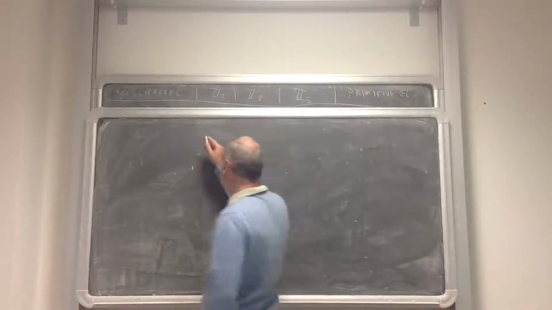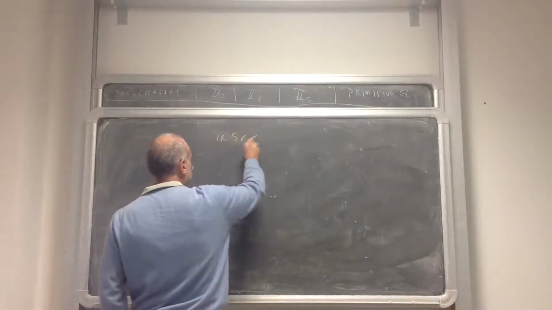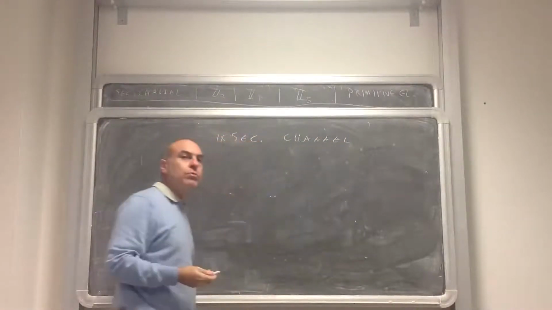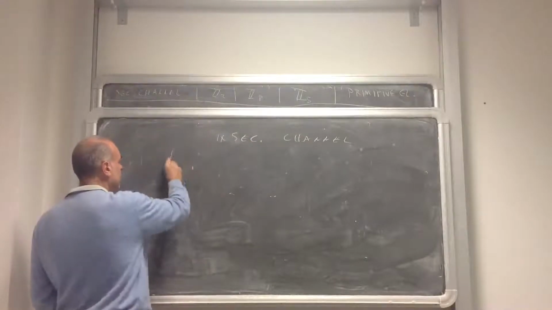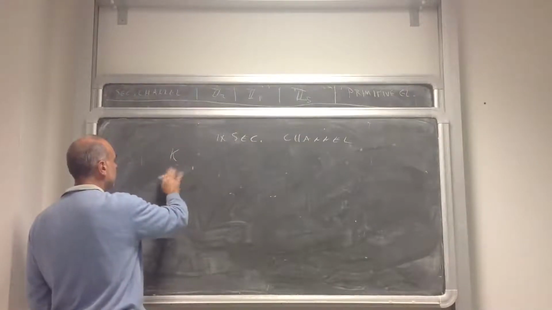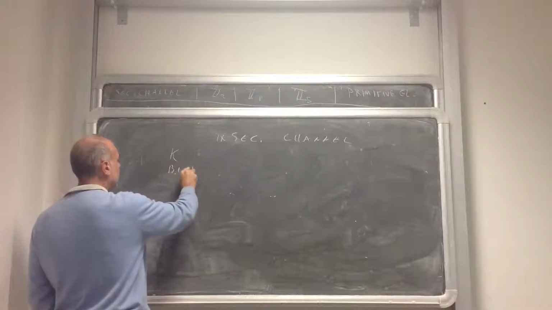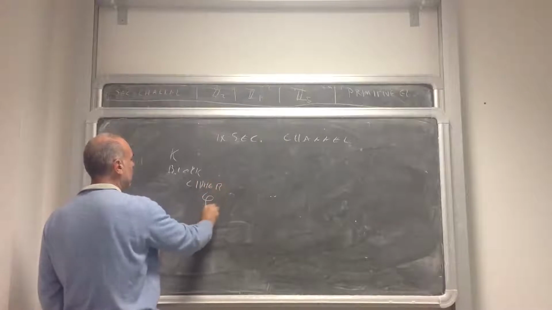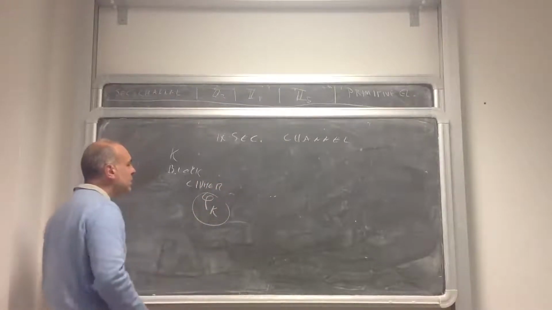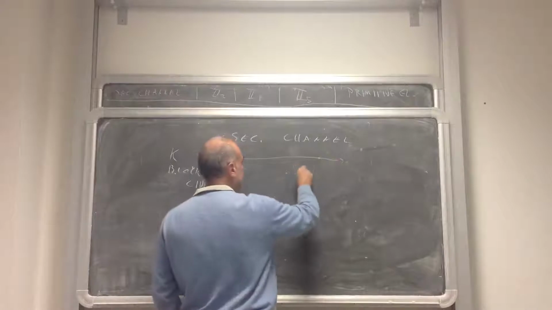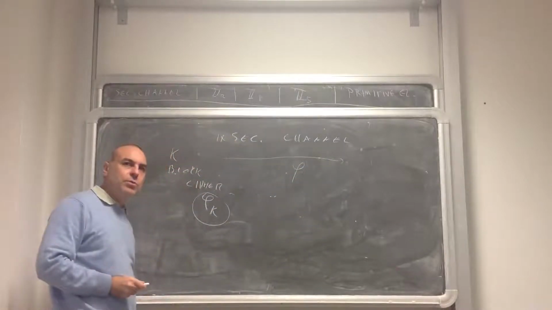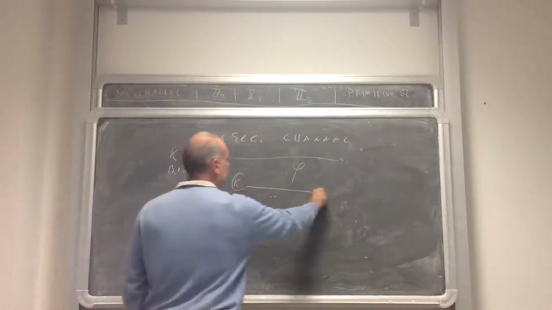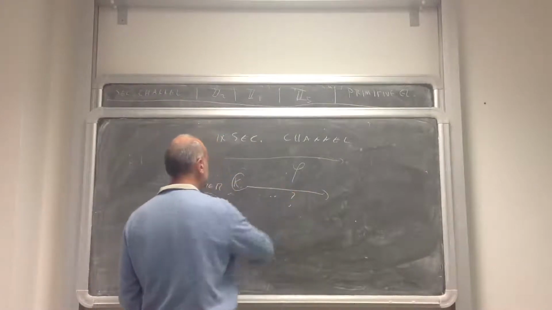So now we have the problem of an insecure channel, and you want to use a block cipher with key K. The insecure channel, you can say, okay, phi is the encryption. But what about the key? How can we send the key if we have an insecure channel?